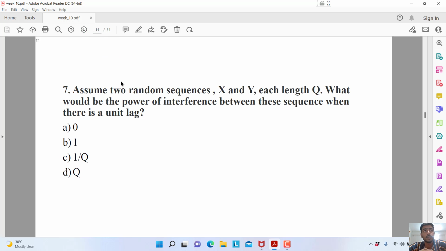Next, question number 7: assume two random sequences x and y, each of length q. What would be the power of the interference between these sequences when there is a unit lag? Both random sequences have a unit lag and have length q. You have to calculate the power of the interference between these sequences when there is a unit lag.